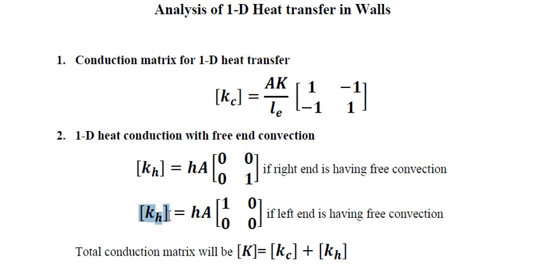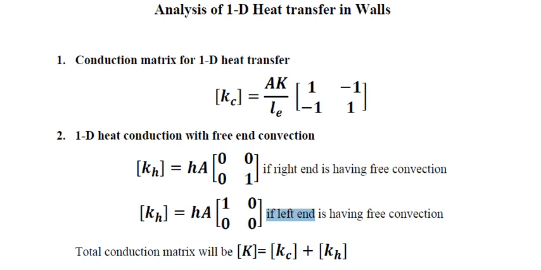The same end convection matrix will be like this, where the 1 is written at K11 instead of K22, the right bottom corner, if the left end is having convection.